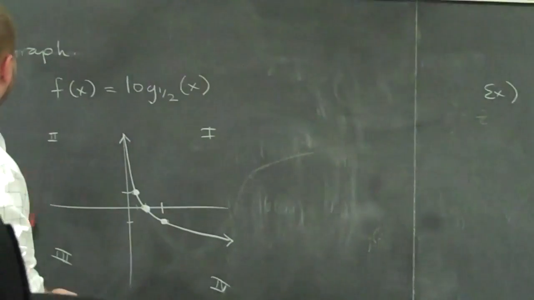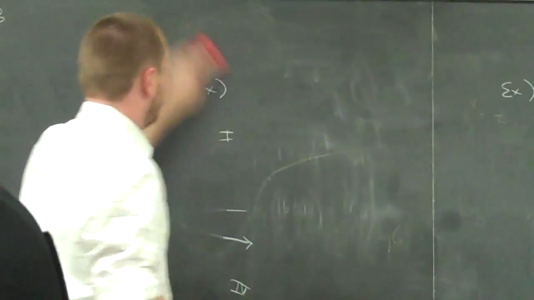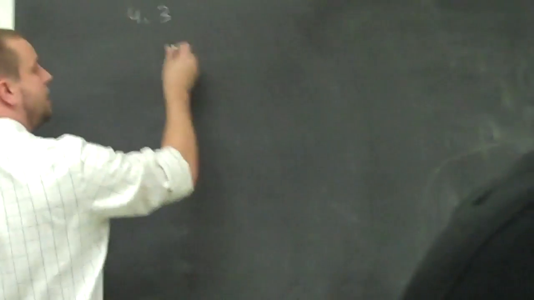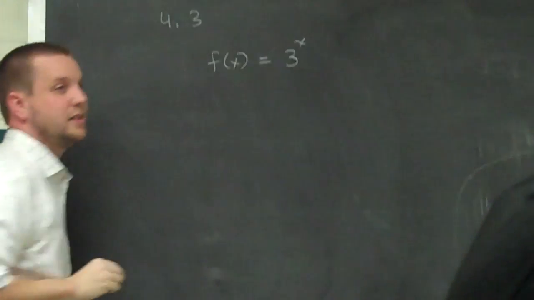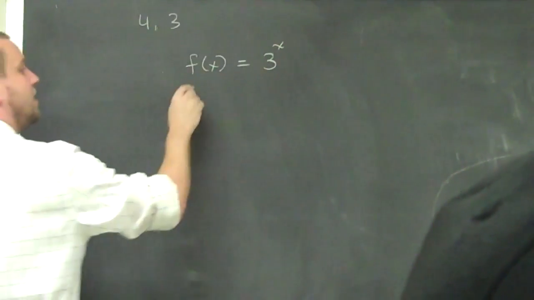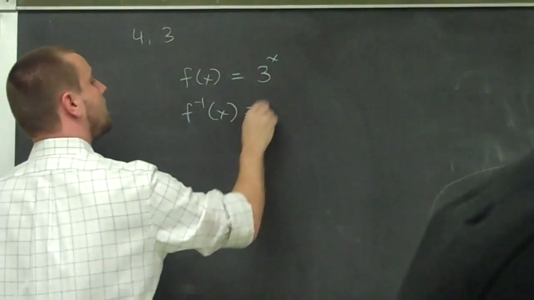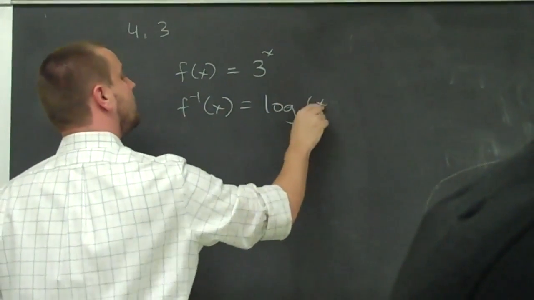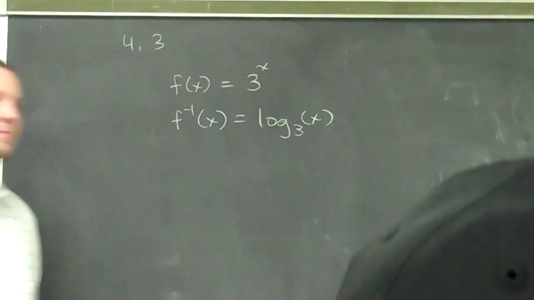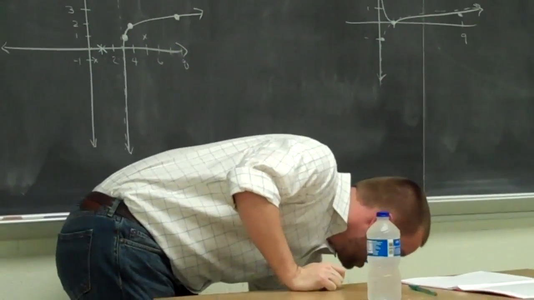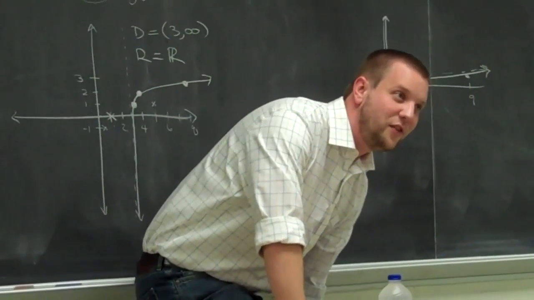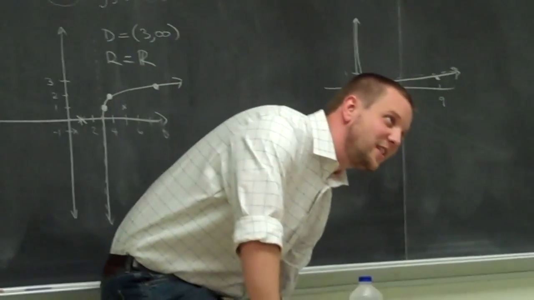Well, for the case of exponentials, it's the logs. Alright, so do you agree that if f of x equals, let's say, 3 to the x, its inverse is the log base 3 of x? That's what we're getting at, right? I need y'all to agree with that before we go on. Okay, so the two of y'all agree with it? Okay, cool. Everyone else does too.